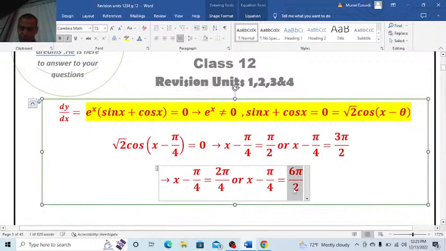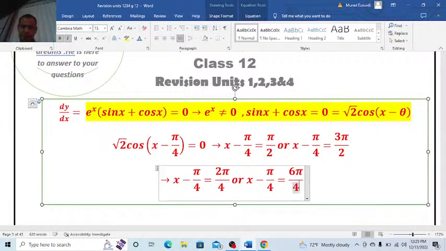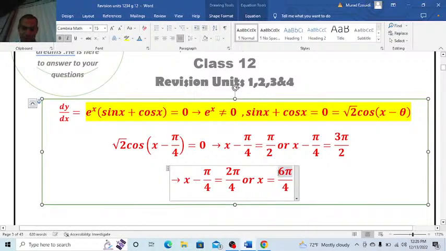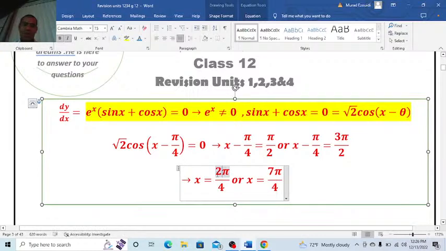I will multiply the numerator and denominator by 2 to get the same denominator. Therefore I transfer minus pi over 4 to the right hand side. It will be 7 pi over 4, and the first solution will be 3 pi over 4. You can see the solution of my trig function.